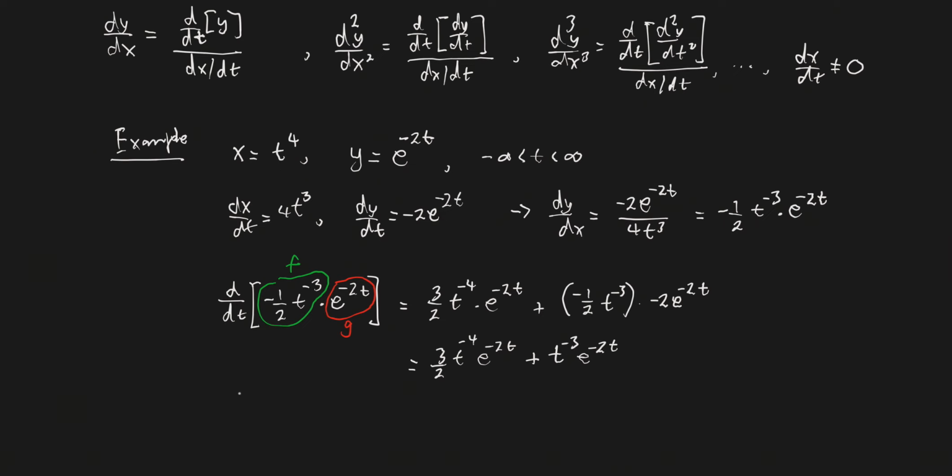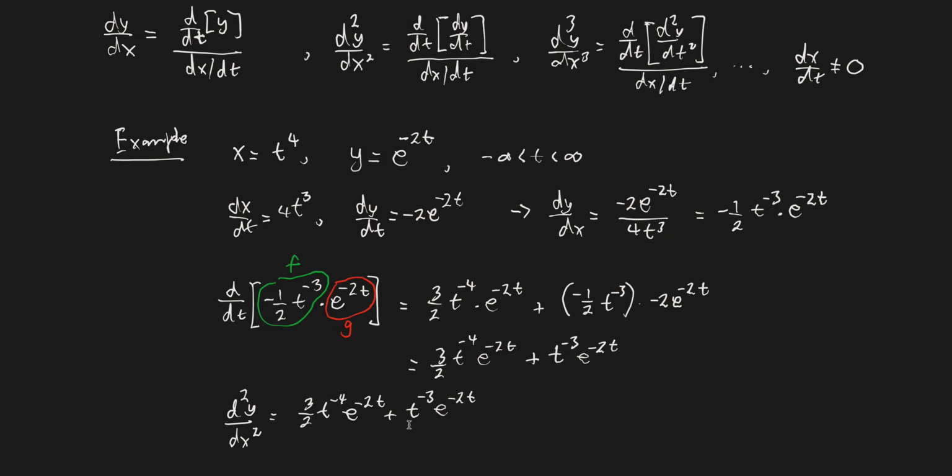So there you go. That's the derivative of the first derivative. But now, if I want to find our second derivative, I have to take what I have here and divide it again by dx/dt. So it looks like this. I'm just going to write this down, and that will be it. If you want to take some time and try to simplify it, have fun. Who doesn't have fun simplifying crazy algebraic expressions with power functions and exponential functions?